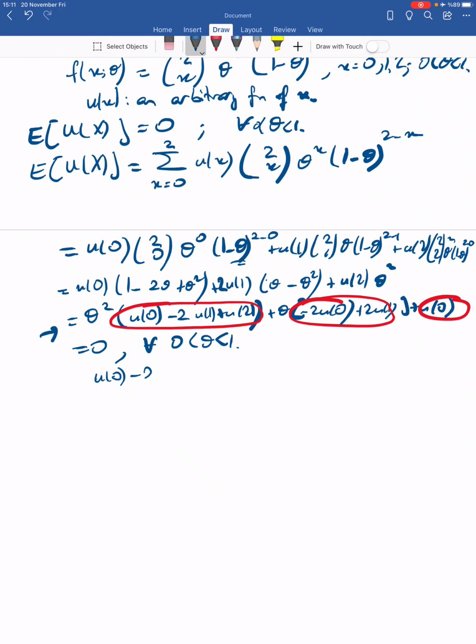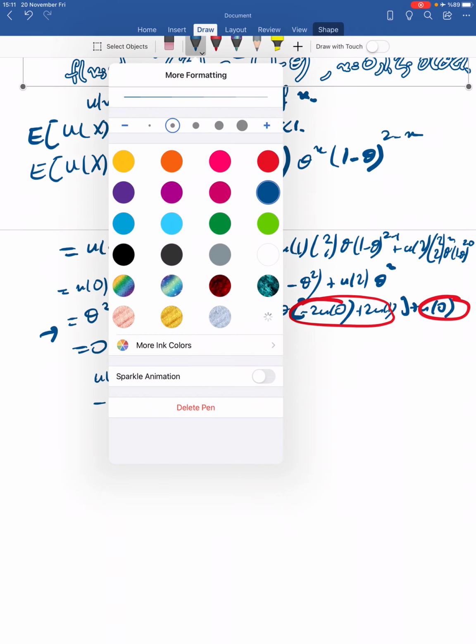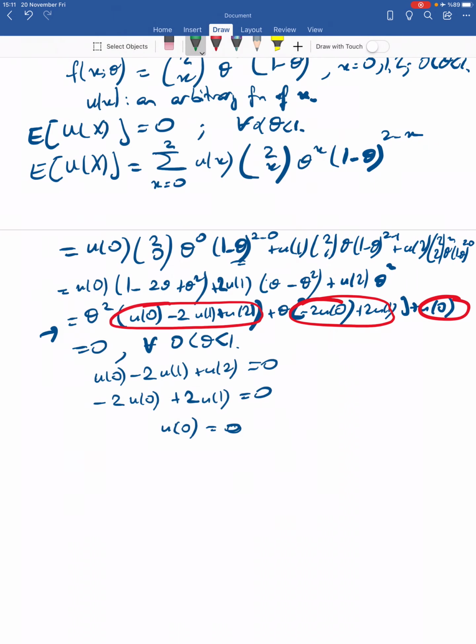So u0 minus 2 u1 plus u2 should be 0, minus 2 u0 plus 2 u1 is 0, and u0 is 0. If u0 is 0, then from the second equation u1 is 0. Then if u0 and u1 are 0, from the first equation u2 is 0.